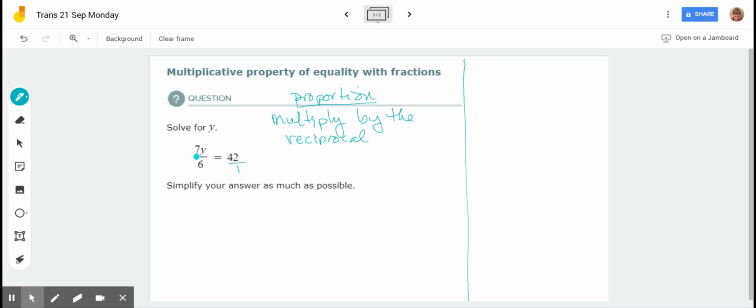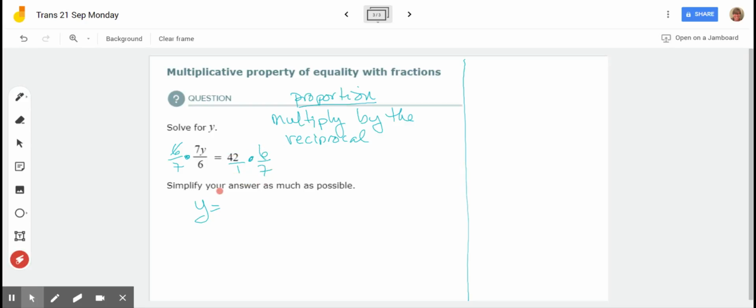So to get rid of this 7/6, the fastest way, if you understand this, is to multiply by the reciprocal. See, the 6 will cancel, the 7 will cancel, and you will just get y equals, and then you can multiply 42 times 6.